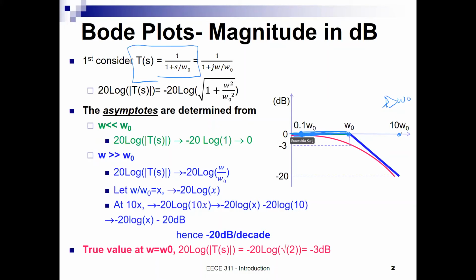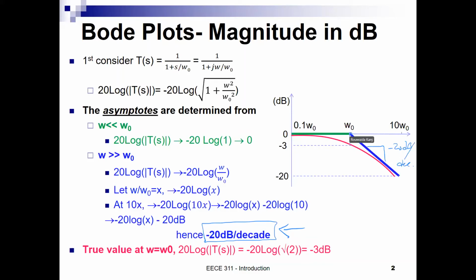Then beyond this point, I will drop with a slope equal to minus 20 dBs per decade. So this slope here is minus 20 dBs per decade. From omega 0 to 10 omega 0 in the Bode plot approximation, which is perfectly linear, at 10 omega 0 I will hit minus 20 dBs for this simple expression.